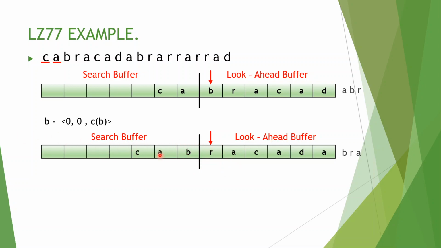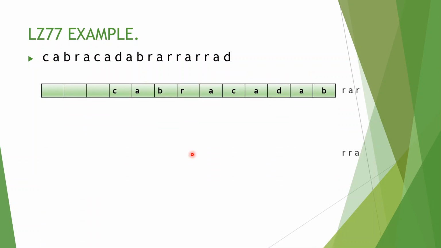So our offset and length of match are also 0. So our output is offset 0, length of match also 0, and the symbol R. Now move that R into the search buffer and add the new symbol in the lookahead buffer.